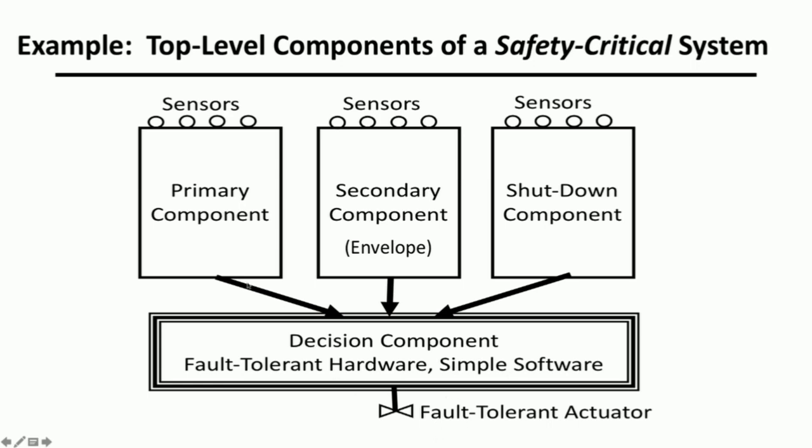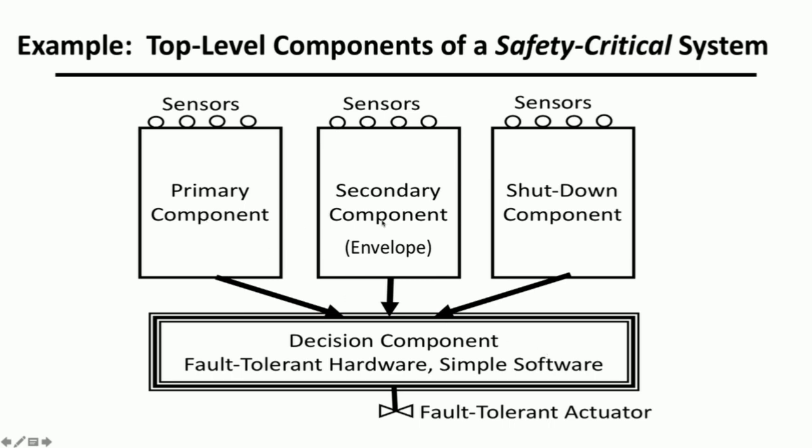And only then, if we can compare these two by such a dependable piece of equipment, and then go down to the shutdown route in case there's a discrepancy, then we can make sure that any single fault will be handled. Because we assume this one is free of design faults because it is simple and it can be tested exhaustively.